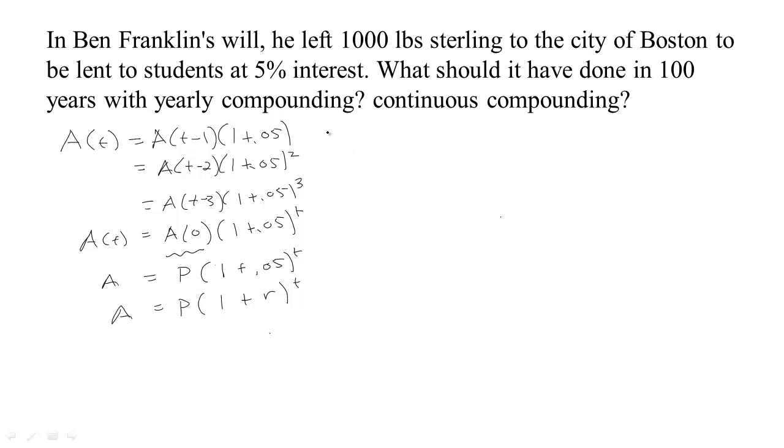Now, with continuous compounding, the formula that we get is that we're going to say, well, if we do continuous compounding, then the amount I have at some time h later minus the amount I had at a sub t. So in some short period of time, we should take our 0.05, right?